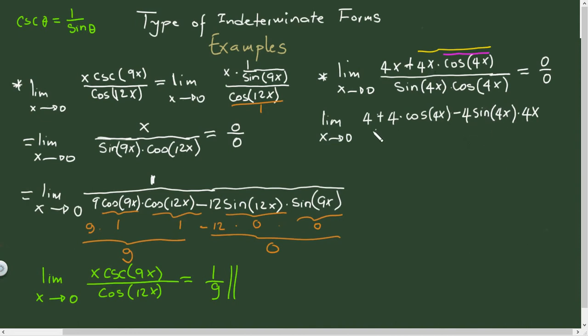Now at the denominator we're having a product, and in the product we have a chain rule again. So we're going to take the derivative of this one times that one, and the derivative of this one is 4 cosine of 4x times the cosine of 4x. Plus the derivative of cosine.